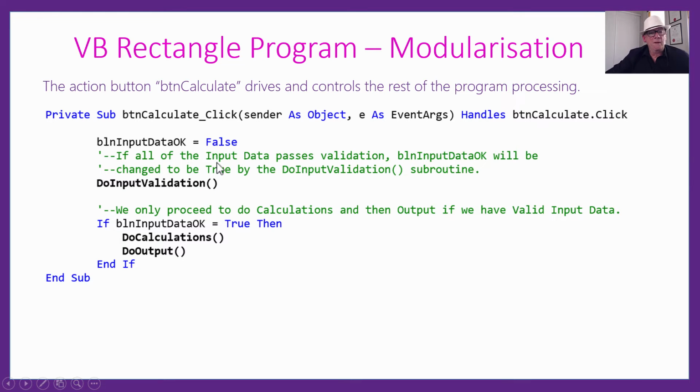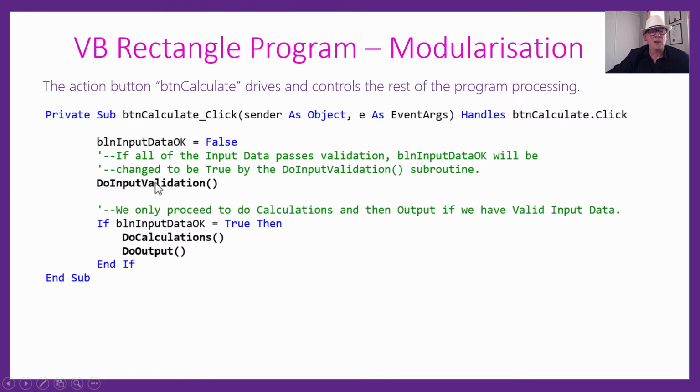So we've done setting Boolean input data OK to false, and we do our input validation submodule, then it won't go on and do any of this sort of stuff here unless Boolean input data OK is true. So someone can sit there changing things, clicking the calculate button on the form as long as they like, but if Boolean input data stays false because there's still something wrong when validation checks for things, well then it's going to stay false, and so this can't get done.